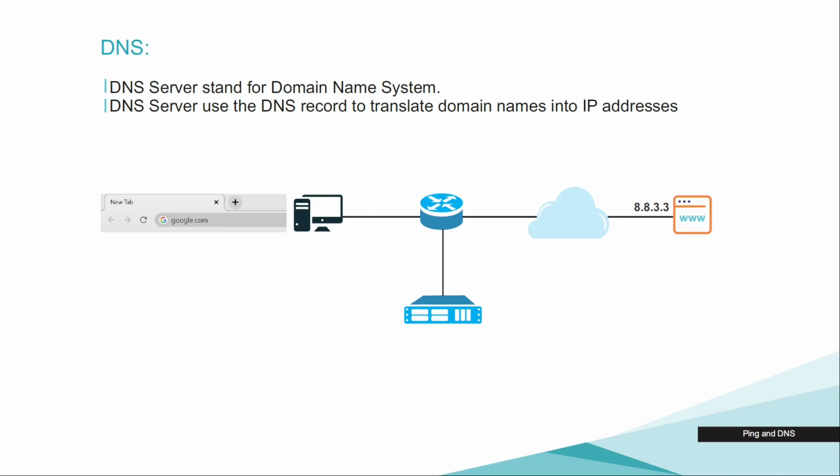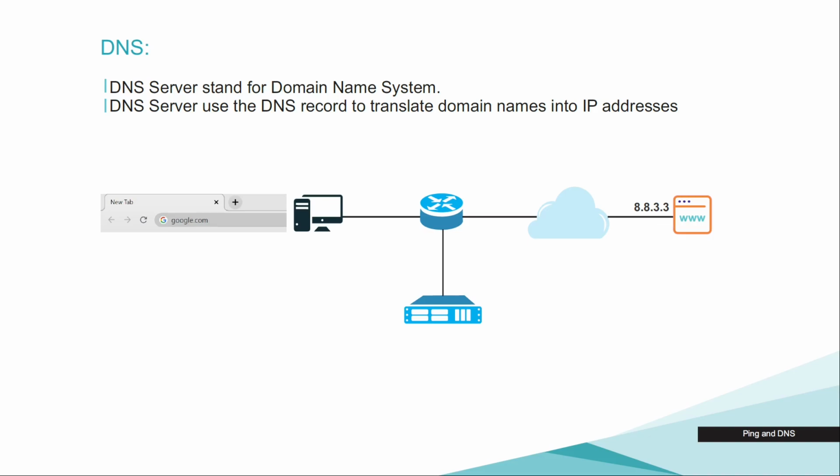The reason for typing the domain name instead of the IP address is that human beings memorize names better than numbers. If you ask someone to memorize 8.8.3.3, and this is just for one website, think about the rest of the websites that you know and how long it would take you to memorize those IP addresses. This is not ideal for a network.